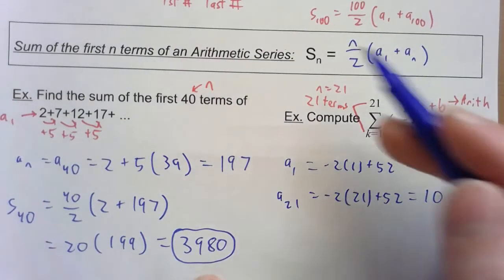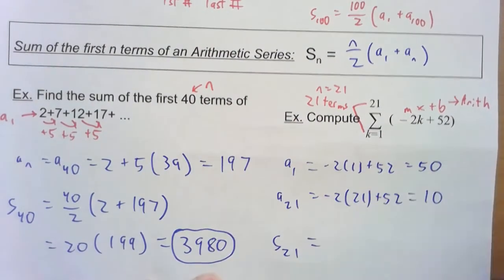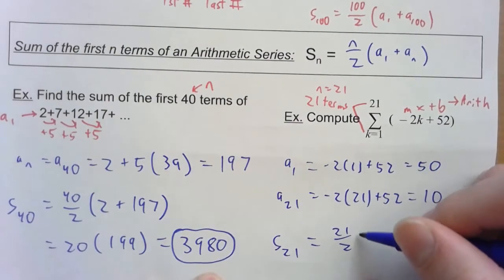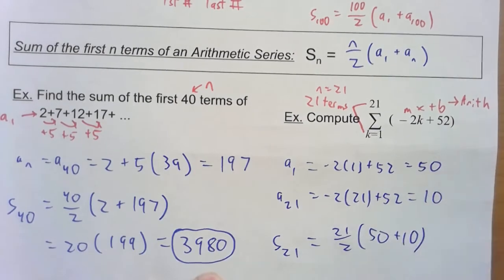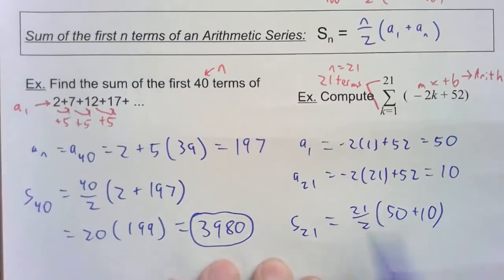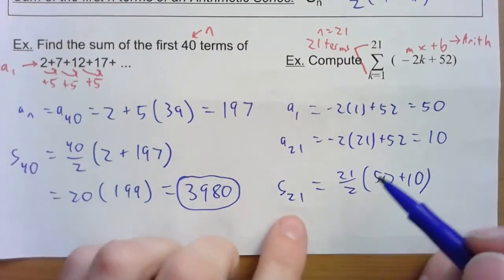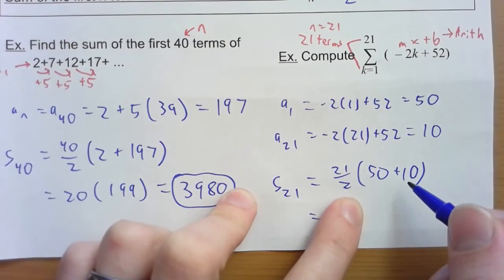So then we've got all the pieces we need. Let's fill all these things in here. So we've got S sub 21. The sum of those 21 terms is 21 divided by 2 times 50 plus 10. You can type that in as is in your calculator if you like, or if you're trying to do it without a calculator, the over 2 can actually shift over to the other part.